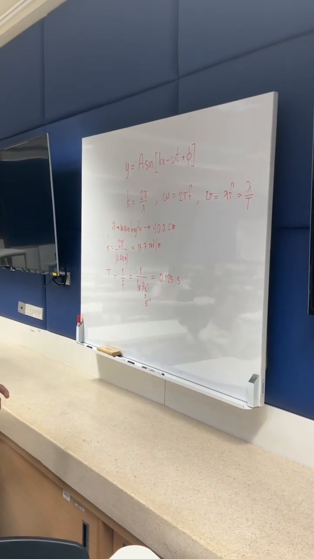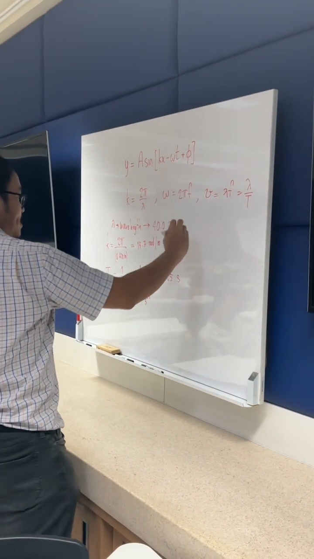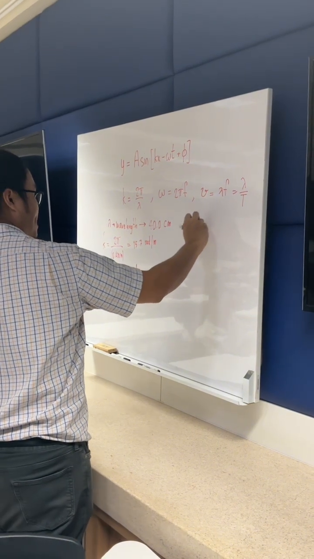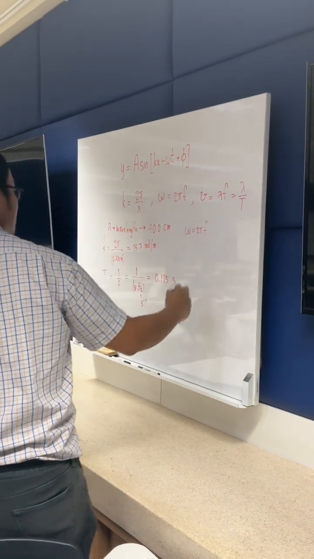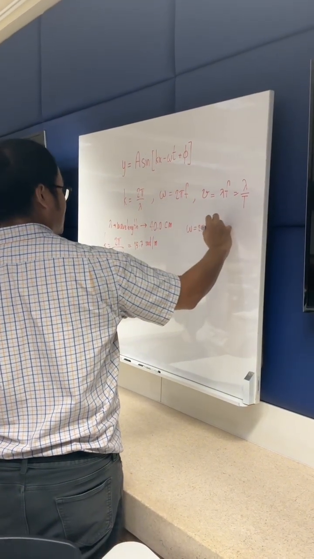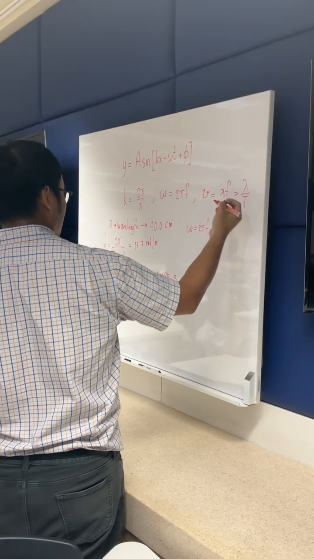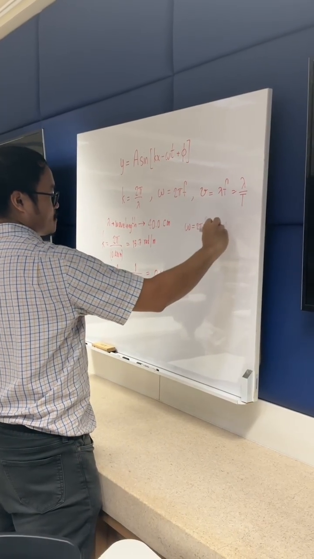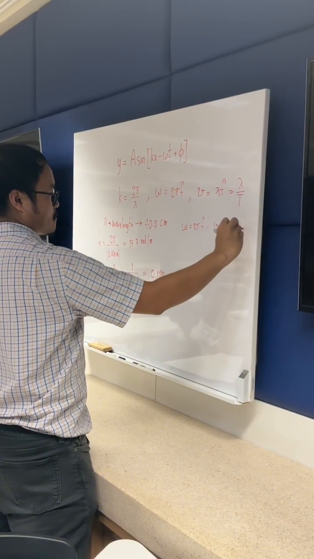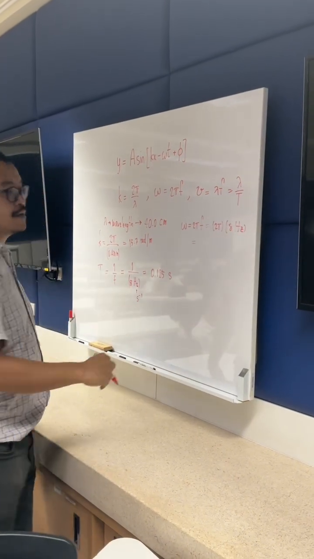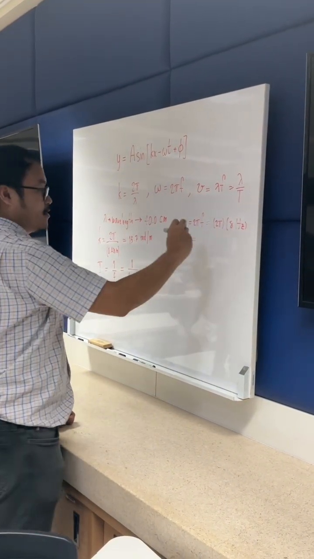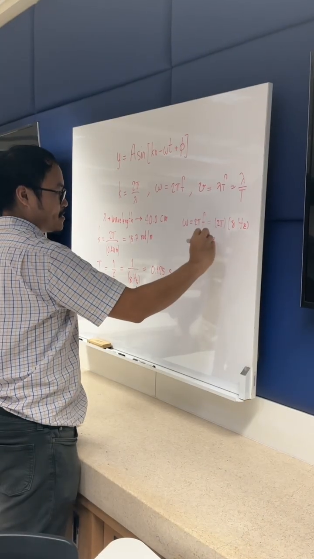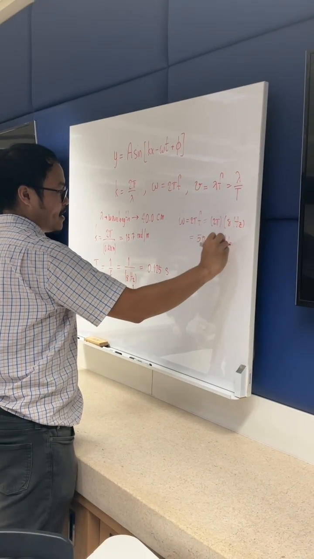And then angular frequency, omega, is 2 pi f, right? Well, it's 2 pi times 8 hertz, 16 pi, right? And that is going to be whatever is written down there, because this is a bit much to multiply by pi.